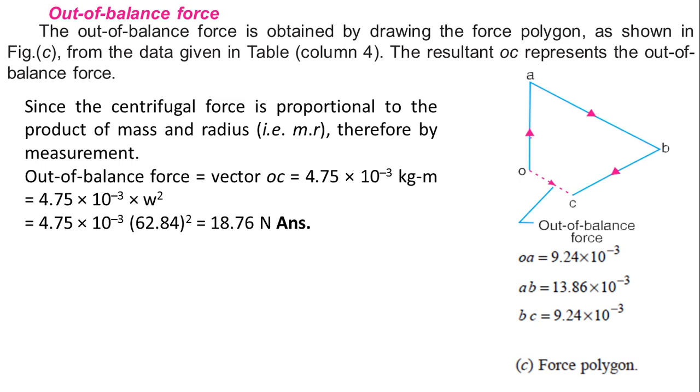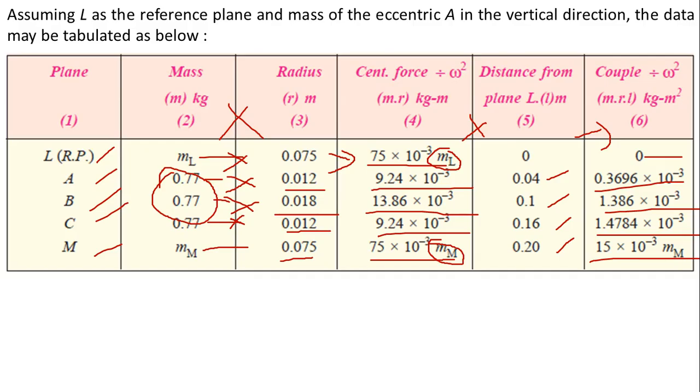You have to neglect the things related to the reference planes L and M. We will consider only the things known to you, that is A, B and C. What is left out for these two together will be nothing but the out of balance force.